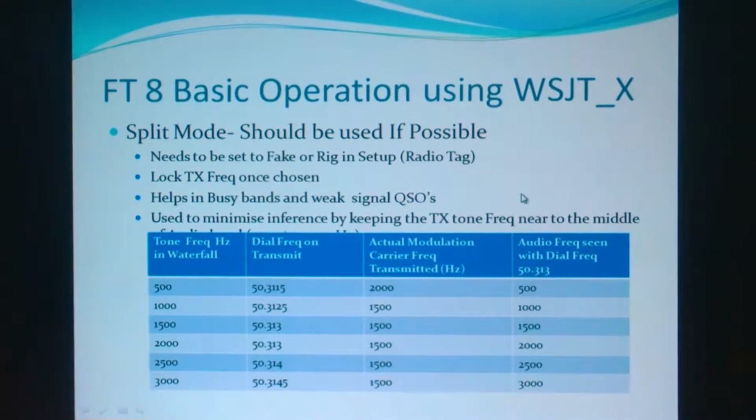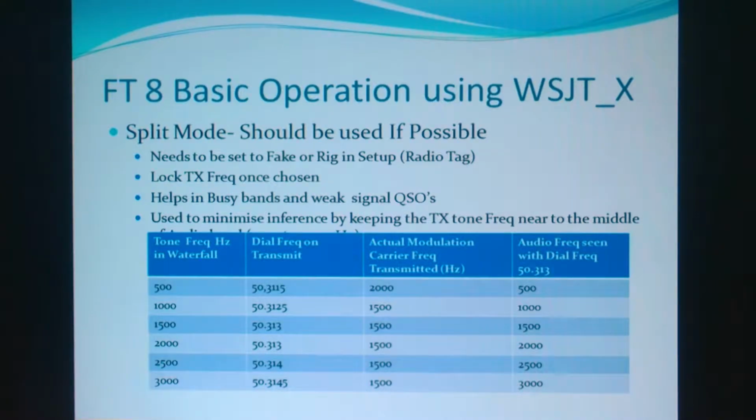Okay. Right, split mode. As I said to you, you should use it if possible. It used to be set, as I showed you in the setup of the radio tab, as fake or rig. If it's fake, the software program changes the frequency. If it's rig, then it uses your VFO-A and VFO-B.